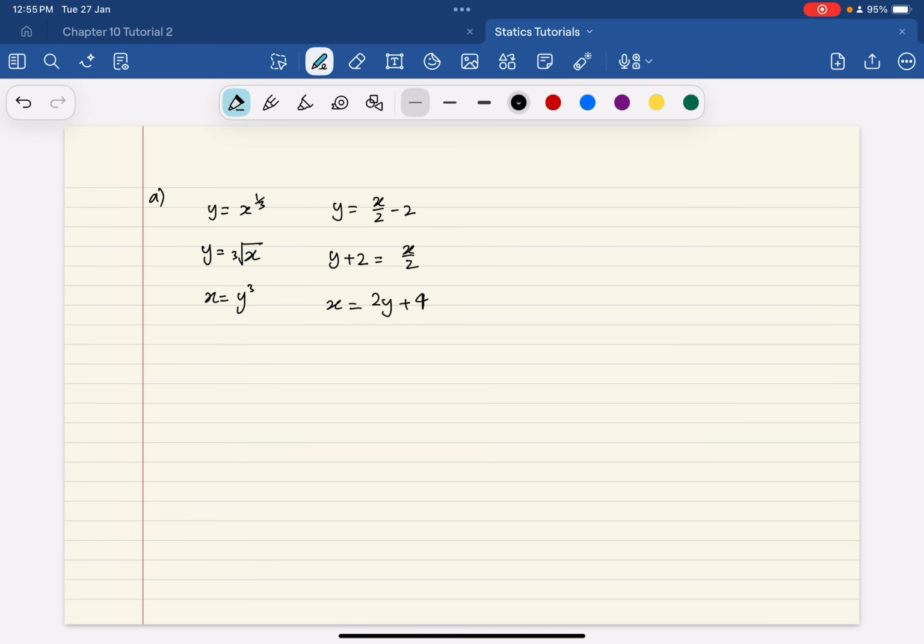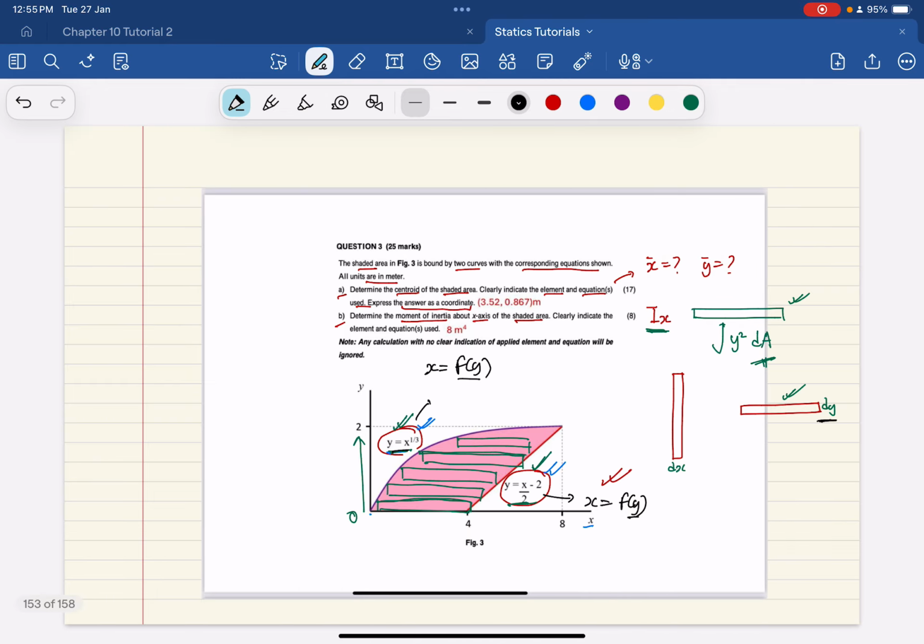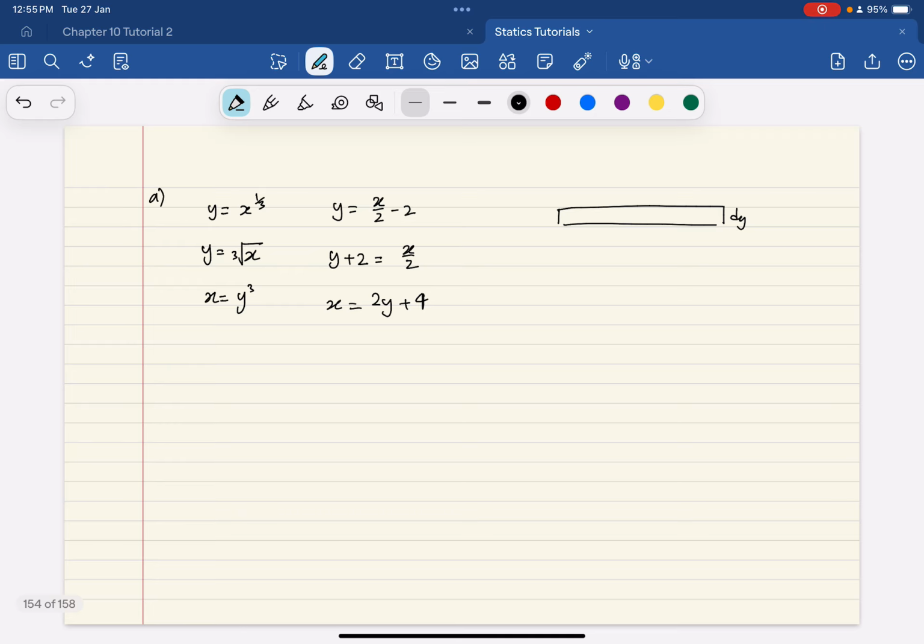That's amazing. Now, for the element which we're going to be using, this is going to be dy, right? And if your element is bounded between the, we're going to call this x1 minus x2, so your dA would be (x1 minus x2) dy.